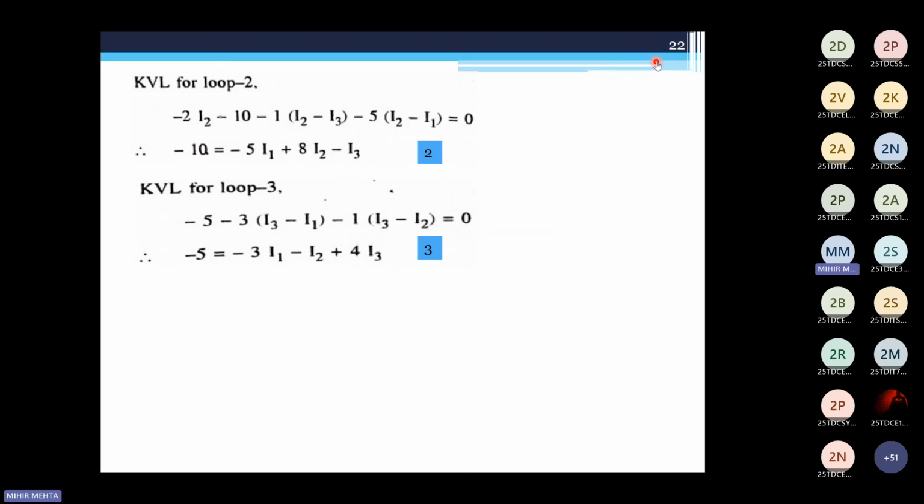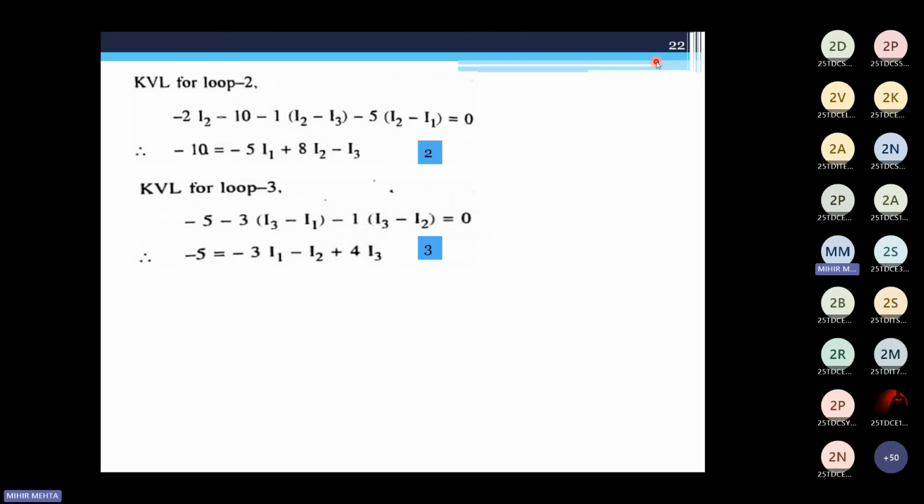Any doubts in the equations, please ask. Okay, thank you, Ayush. Thank you. Okay, fine. So it seems that you have been able to make the equations.